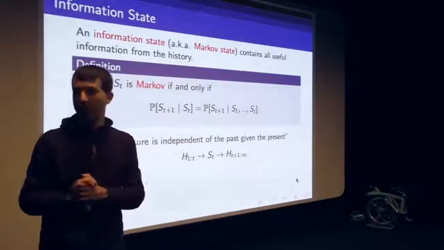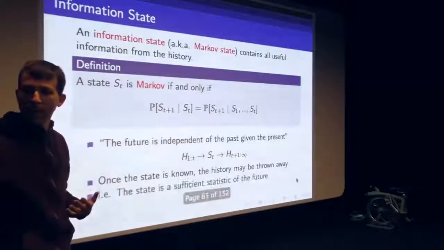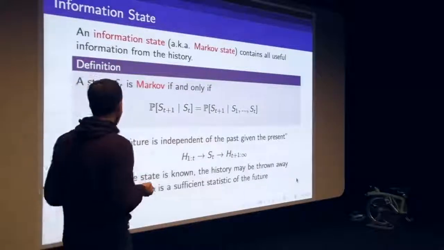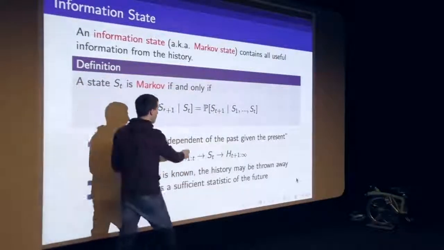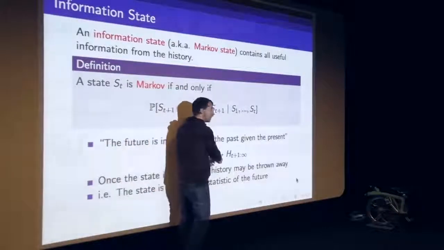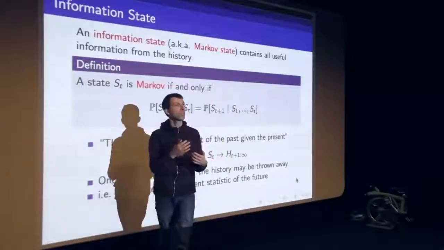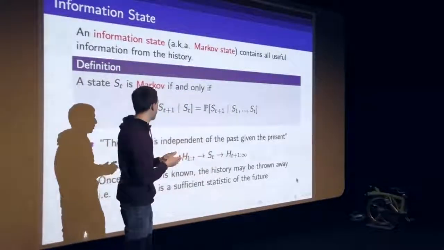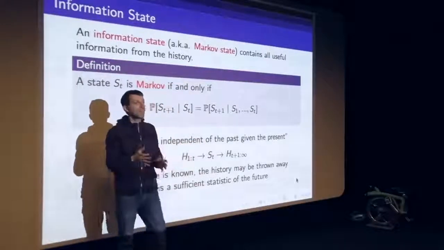So that's the definition of a Markov state. So we can throw away the history now. Another way to say the same thing is that the state is a sufficient statistic of the future. So this state here fully characterizes the distribution over future actions, observations, and rewards. Once we have this state, we can say everything that there is to say about that distribution.